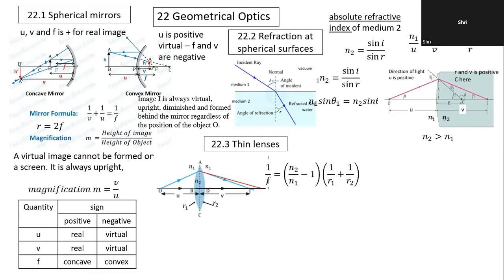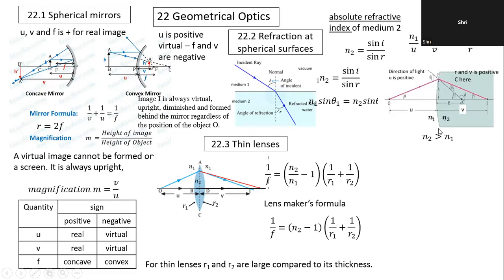Then we come to your lenses. That's a formula for your lenses. Lens maker's formula. It's a lens maker's formula. Right? Either one, memorize either one of them, know how to use it. For air, N1 is 1. And then remember that R1 and R2, radius of curvature, are large compared to the thickness.